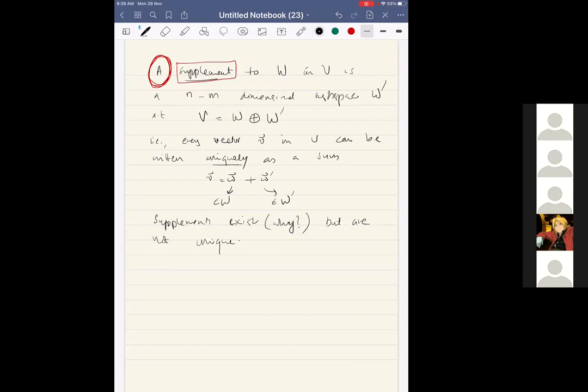Since there are lots of choices for any basis of W, that's why we have lots of choices. Very good. But how do I parameterize supplements?